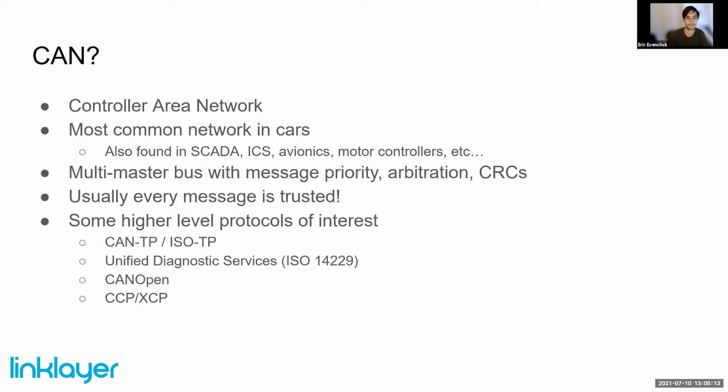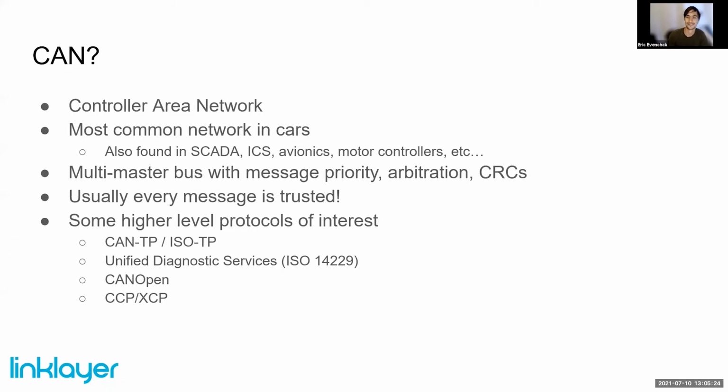The arbitration scheme in CAN is actually pretty simple: for each CAN frame that gets sent out, whoever has the lowest ID during the arbitration phase will win, and that allows you to do some prioritization despite having multiple masters.